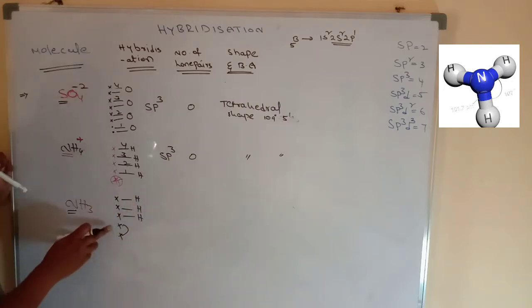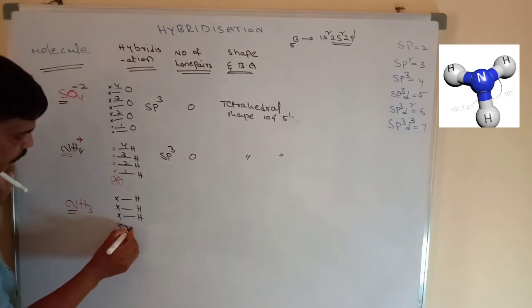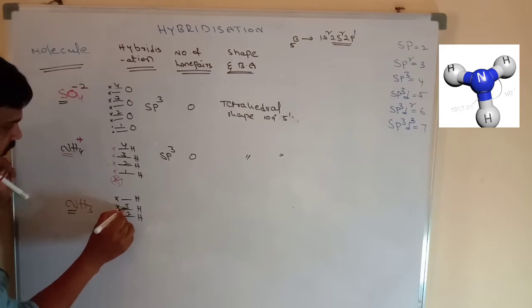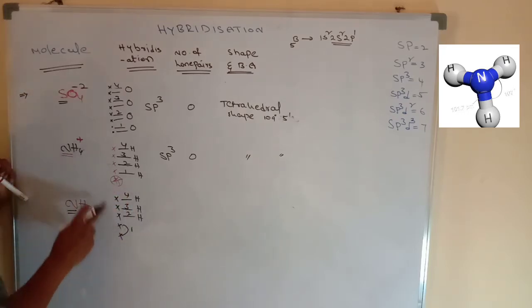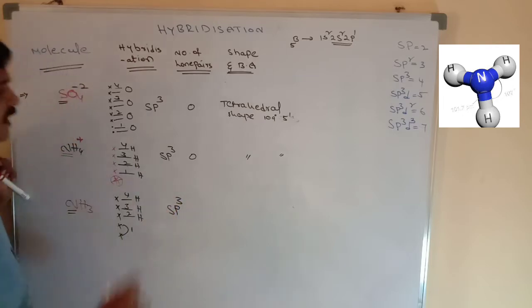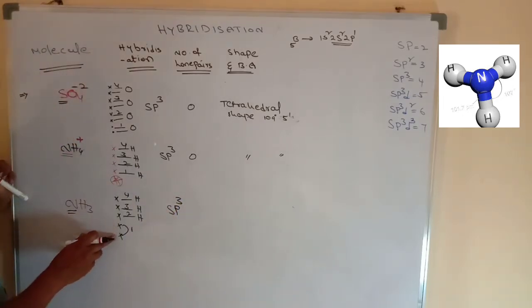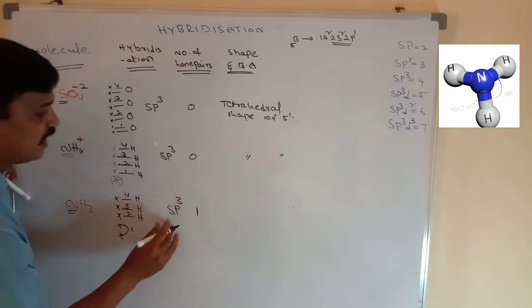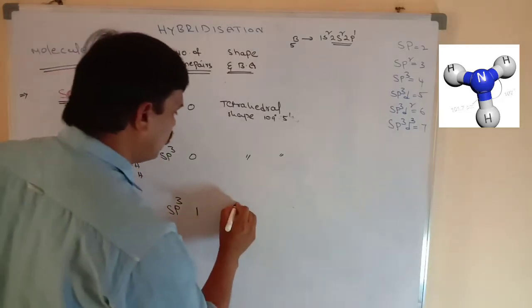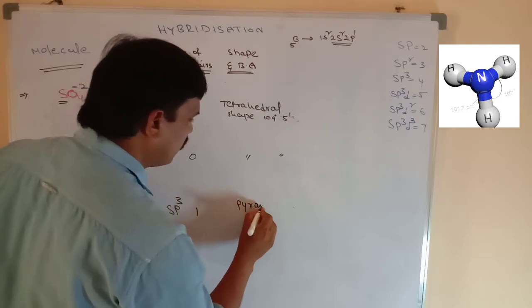Then give numbering: number 1, 2, 3, 4. Number 4 means sum of powers 4, which hybridization? sp3. Is any lone pair there? 1 lone pair is there. sp3 with 1 lone pair means the shape of the molecule is pyramidal.